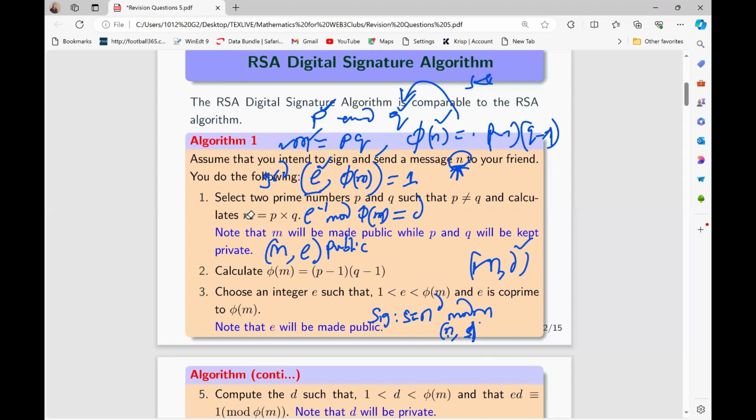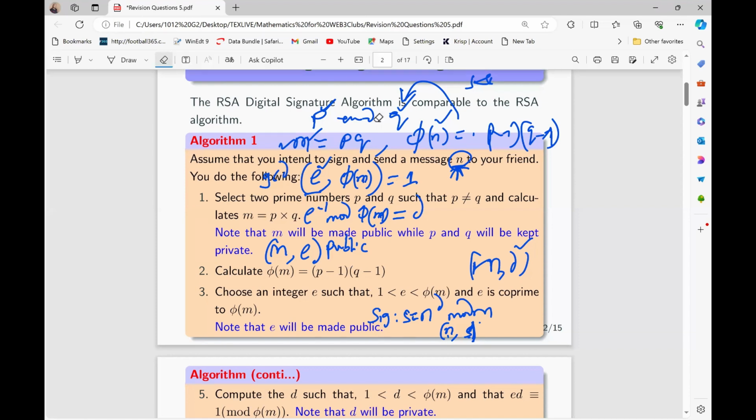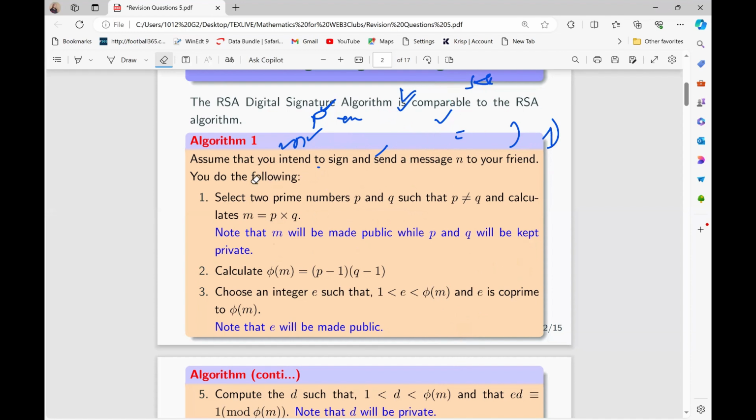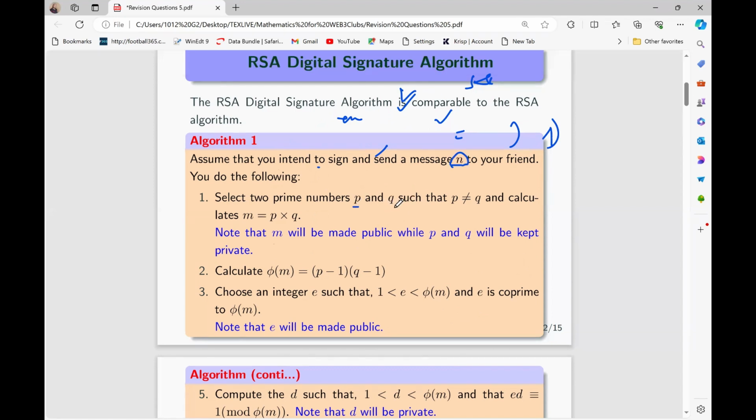Let me just go through the steps, for the sake of noting. The first step: since you want to send this message, N, you choose two prime numbers. For purposes of security, we said they should be large prime numbers, and of course not equal.